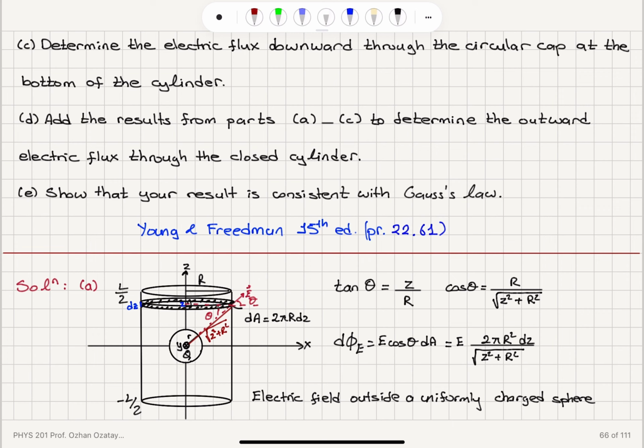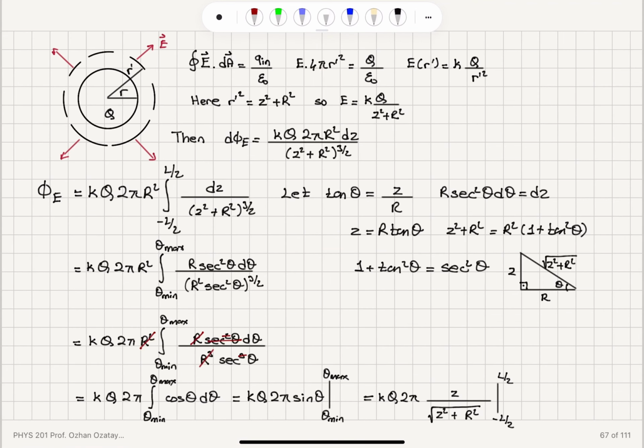That's the infinitesimal area through the side surface. And we have considered the electric field going through the side surface. And we've taken the component parallel to the area vector. So that's E cosine theta multiplied by dA and integrate over the full length to obtain the total flux. And that's what we have done here.